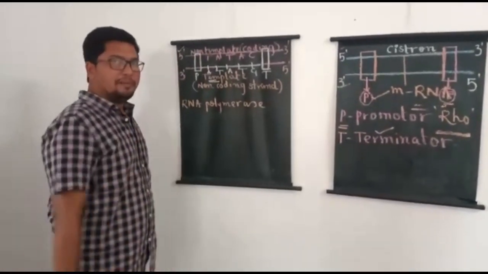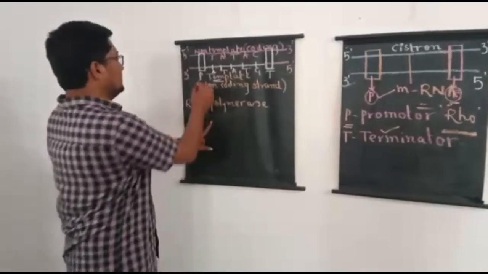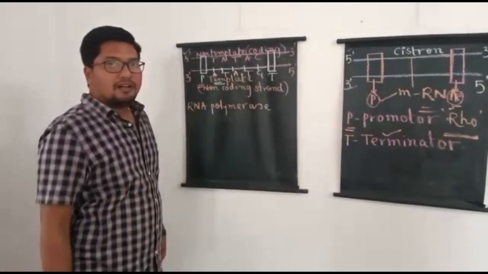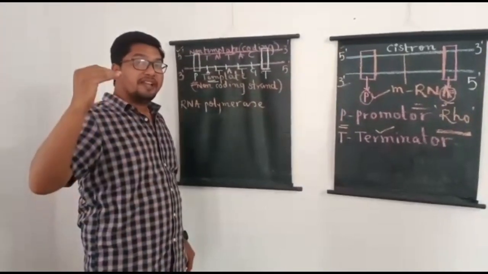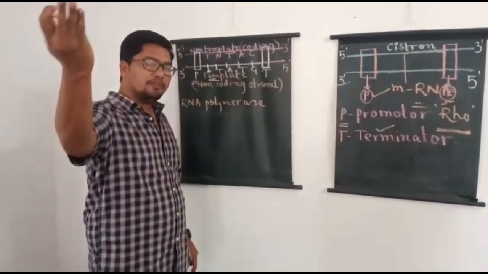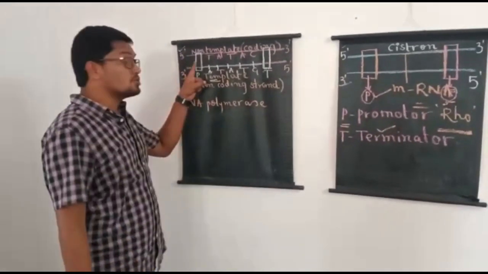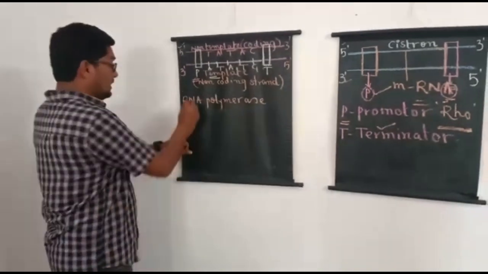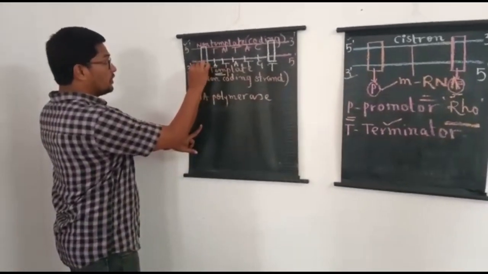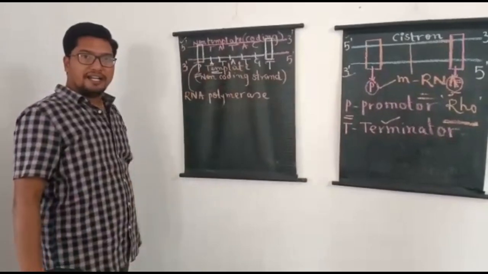We understood the difference between the template and non-template strand. When we go into the mechanism, I already told you, P stands for promoter, and the promoter is the site where transcription starts. And if you ask me why transcription starts only at a promoter, because the promoter is the binding site for whom? For the enzyme RNA polymerase.